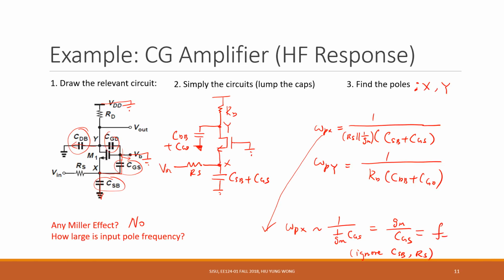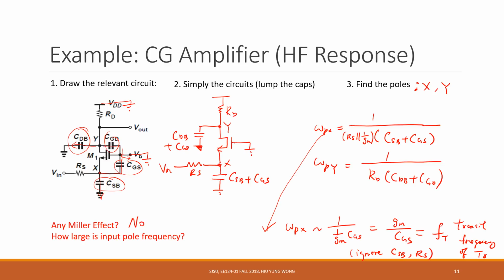Remember, this is the transit frequency of the transistor. Remember, what is the transit frequency? Transit frequency is the frequency at which you have the gain equal to 1. And transit frequency is telling you the limit of how fast the transistor can operate.